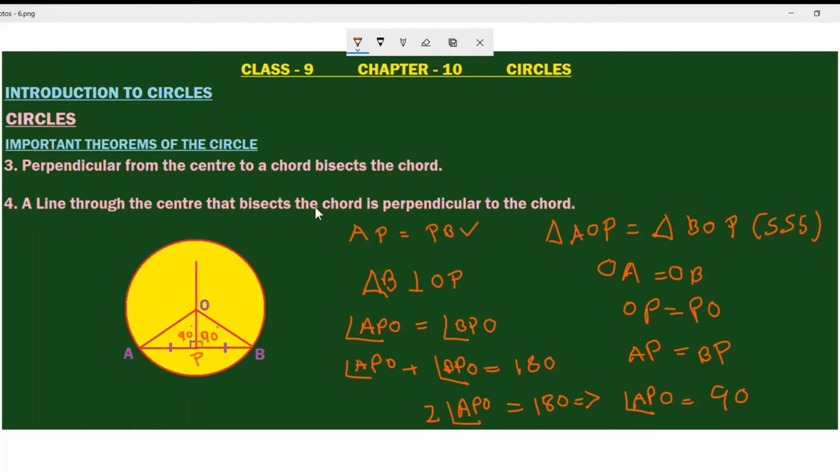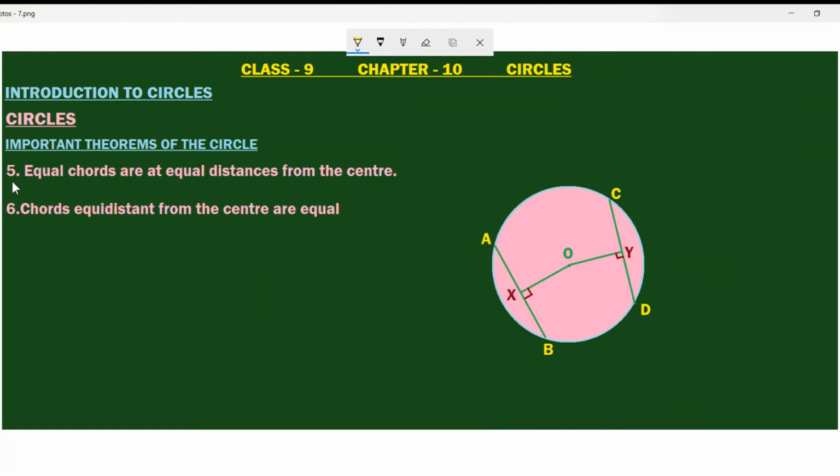Let's move on to the fifth theorem. Theorem number 5: equal chords are at equal distances from the center. That means if AB and CD are two chords, both of equal length, then the distance from the center to both the chords will be equal to each other.